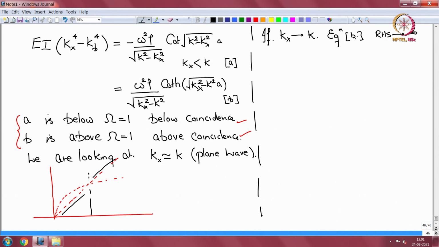As kx approaches k, in equation B, the right hand side approaches infinity, and it is positive. So I am going towards positive infinity.